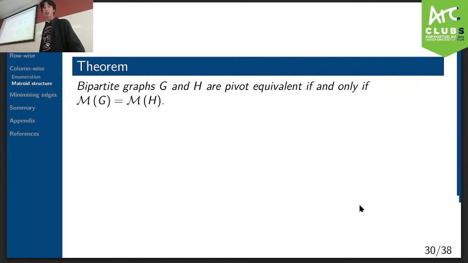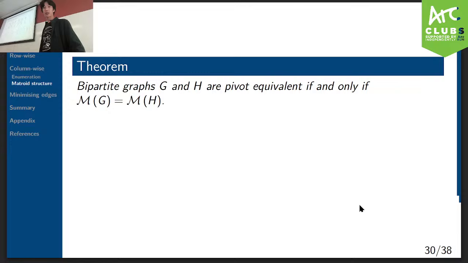And so the theorem is that if these bases are equal, we call the matroids equal, and the matroids being equal happens exactly when the graphs are pivot equivalent. So this is also very cool. It's like looking at the columns instead of looking at the rows, and having an alternative way to determine if graphs are pivot equivalent.